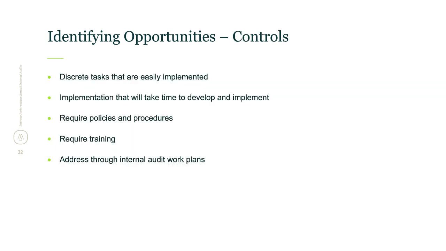Okay, controls. So what I was going to tackle here for controls is, again, the more traditional area of focus of internal audit. You're going to tend to have over time probably quite a number of findings for controls, which isn't a bad thing. Those are opportunities for improvement and things that will be addressed over time.